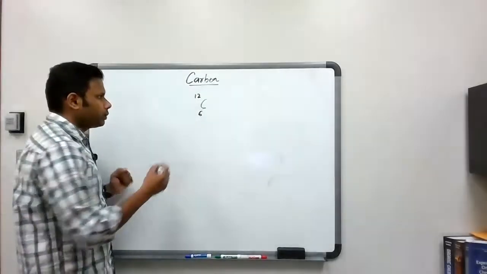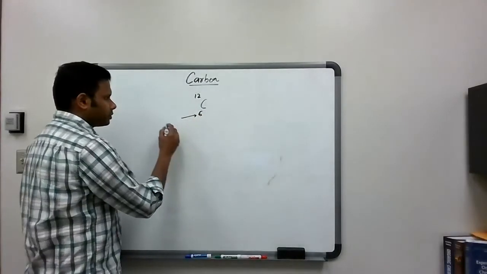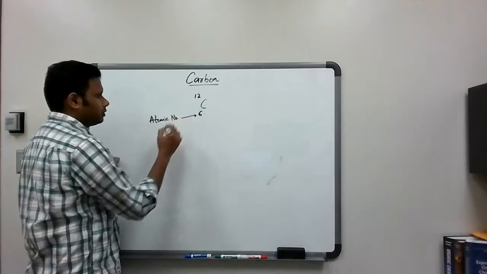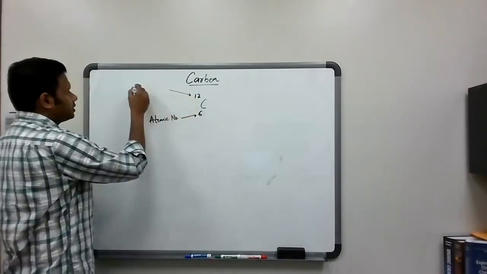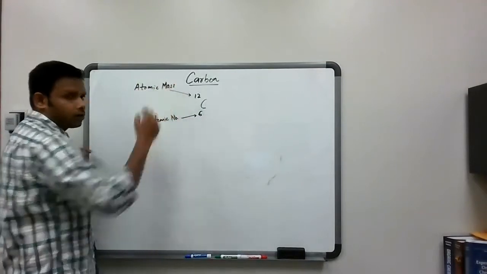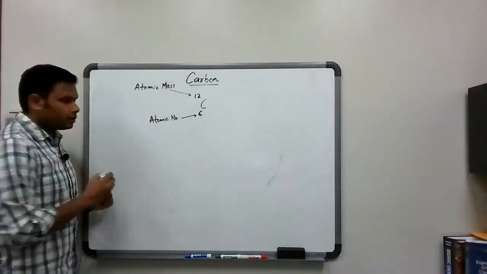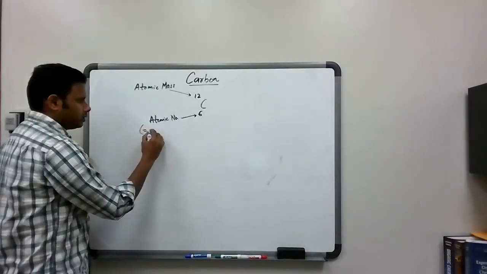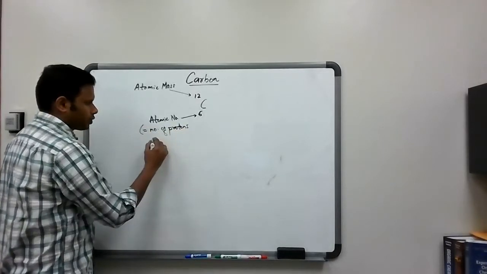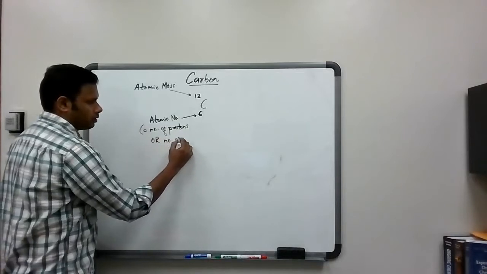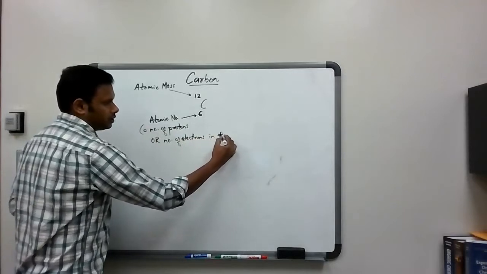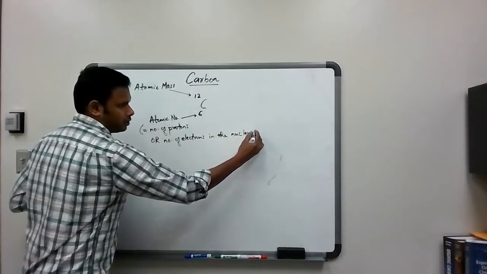And again, just as a quick review, the atomic number, okay, so this is the atomic number, and this is atomic mass, or the mass number. The atomic number equals the number of protons or the number of electrons in the nucleus.